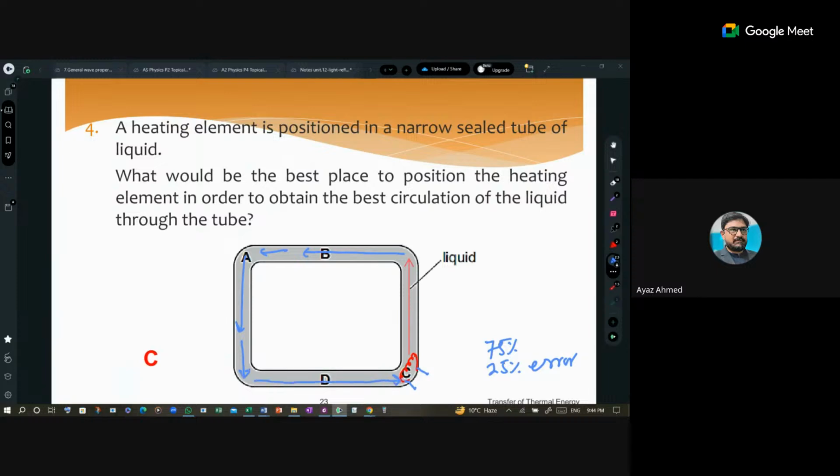So hot molecules only move up over here. This is the horizontal level, so they can float. When a cold molecule moves this way, let's say from D to C, space would be created downward. That's why this movement would occur. So overall a convection current takes place in this way. Is it clear to all of you? This was another confusing question for you people.